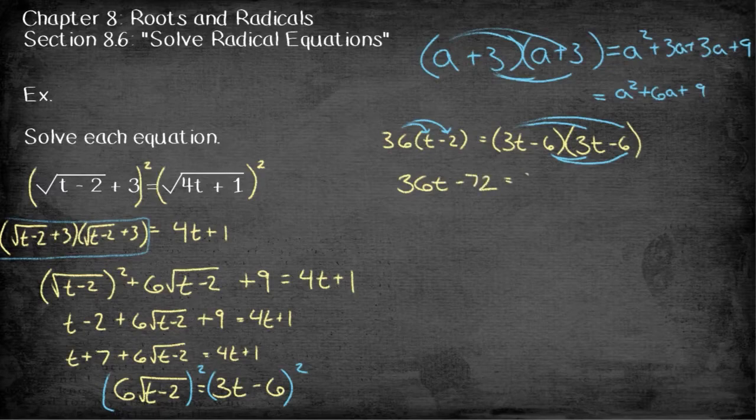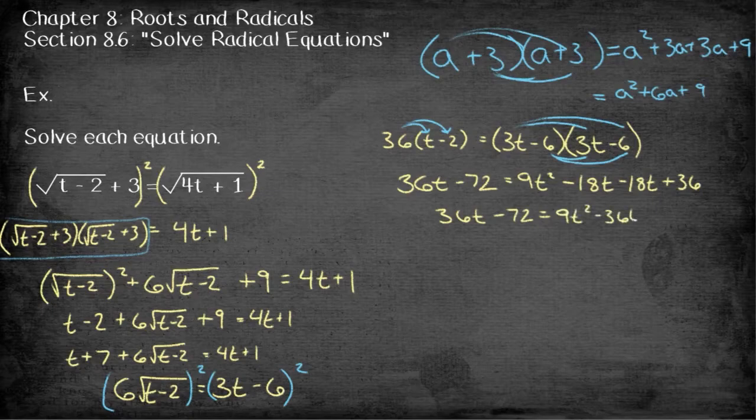And this is equal to 9t squared minus 18t minus 18t plus 36. 36t minus 72 is equal to 9t squared minus 36t plus 36. Oh my god, are we done with this problem yet?